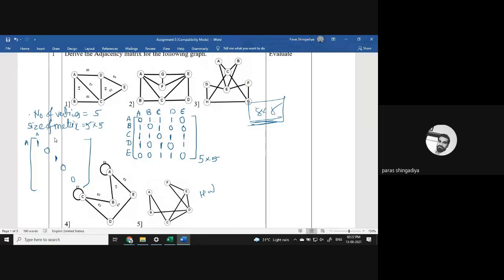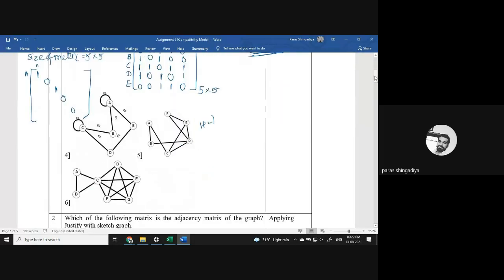Nice. So these two graphs, 5 and 6, are for your practice. Okay. And if some more practice is required, add some more graphs here. You can consider any graph and find out its matrix. That is for homework.